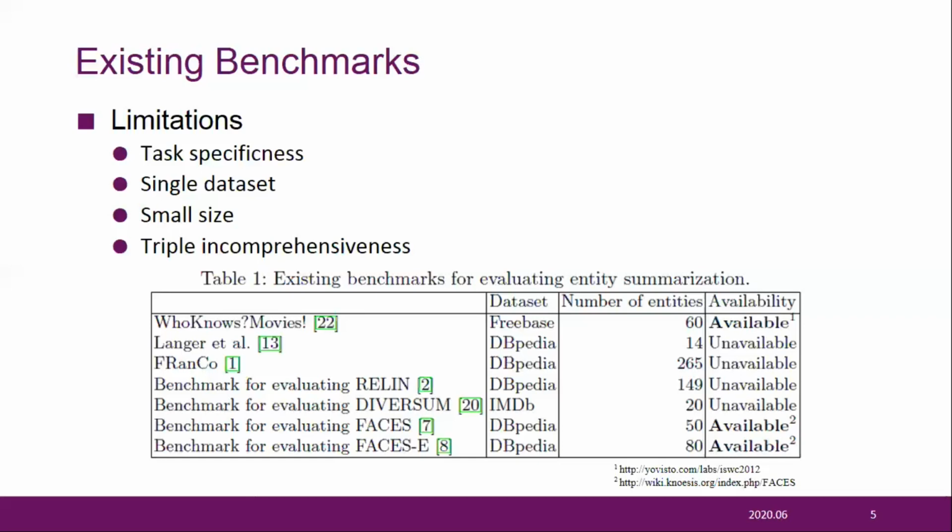The two benchmarks created for evaluating FACES and FACES-E, classes or literals are not included because they could not be processed by their proposed entity summarizer. So obviously, there are four limitations from existing benchmarks: task specificness, single dataset, small size, and triple incomprehensiveness.